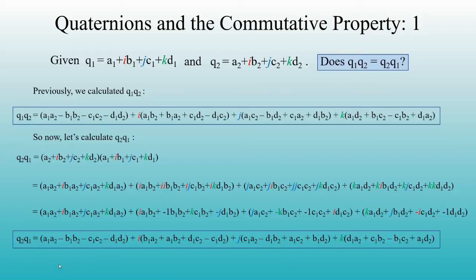Before I continue with the story, however, I want to point out something in Hamilton's calculations that I'm sure he was aware of. All of the negative numbers in the ijk components come from the anti-cyclic multiplication rule that he had. Here, ik equals minus j. There's your minus j.